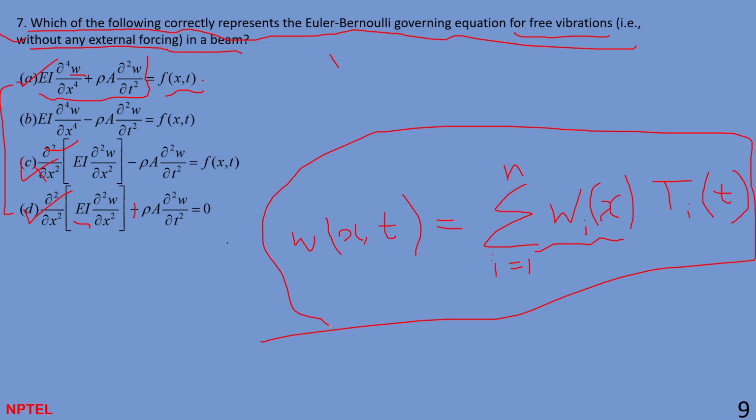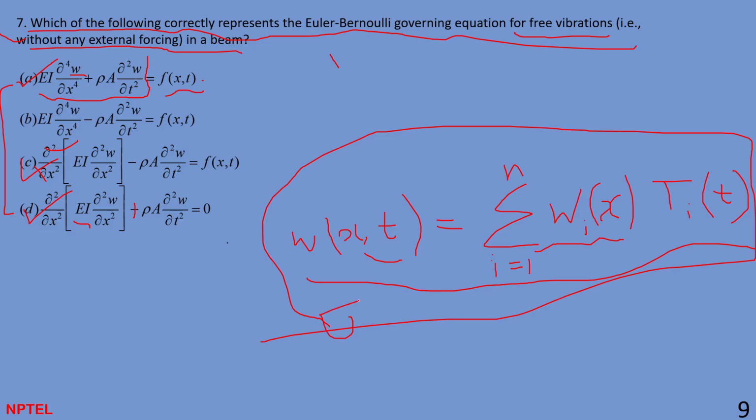So what we do is something called separation of variables. I think you have already read this in your math course in the second or third semester, how to solve a partial differential equation.